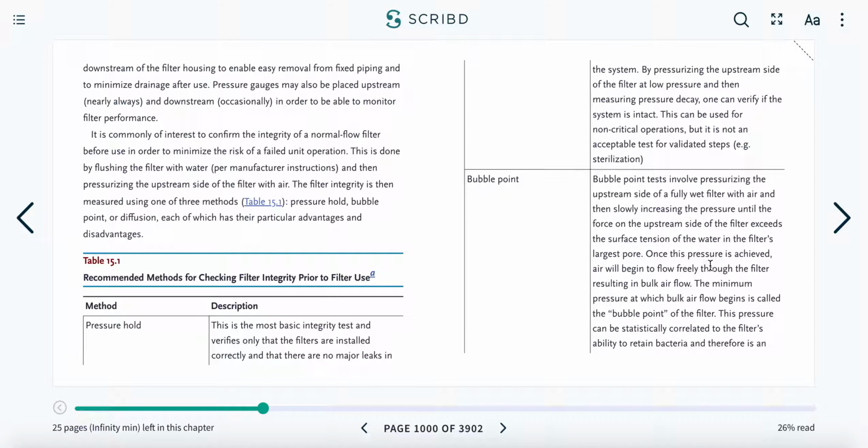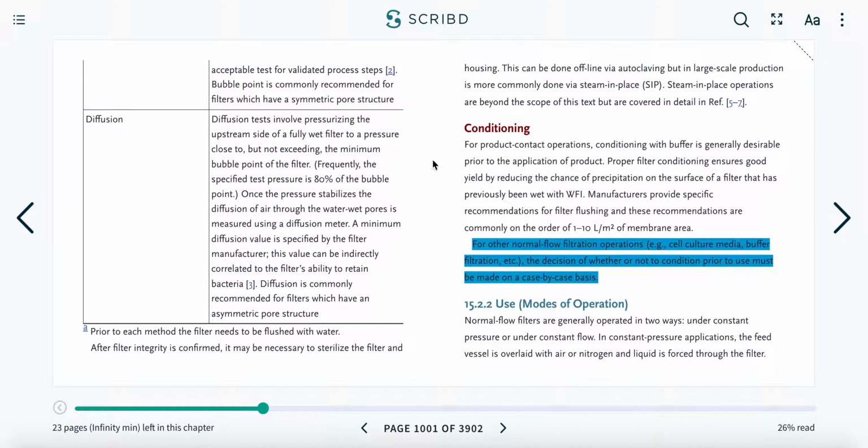When you hit this pressure, this is essentially your bubble point pressure, with the filter resulting in bulk airflow. So the minimum pressure at which bulk airflow begins is called the bubble point. You can just ignore the diffusion for now, it's too much information.